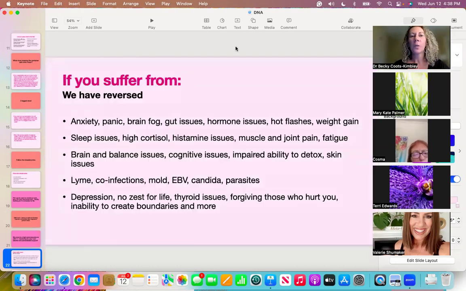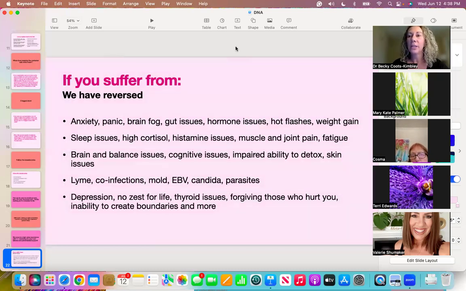If you are someone who has suffered from anxiety, panic, brain fog, gut issues, and hormone issues, maybe you've had hot flashes, menopause, weight gain, sleep issues, high cortisol, histamine, muscle and joint pain, fatigue, brain and balance issues, cognitive issues, impaired ability to detox, and skin issues.